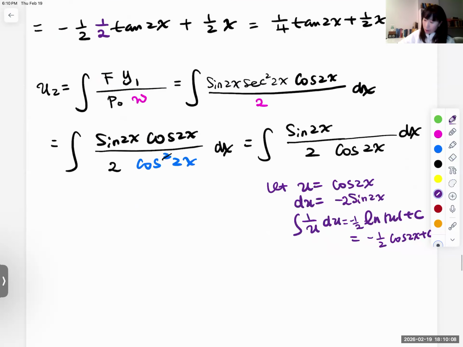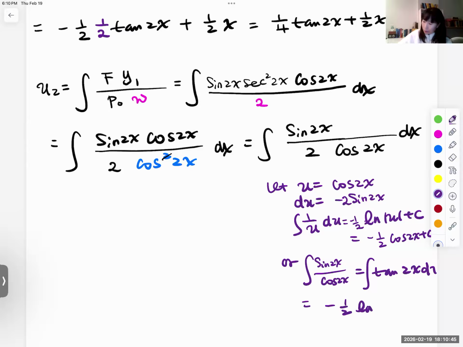Or you can use integral of tangent 2x because sine 2x over cosine 2x, right? So let me write down for you. So sine 2x over cosine 2x. Okay, so that will be negative 1/2 ln cosine 2x plus c.